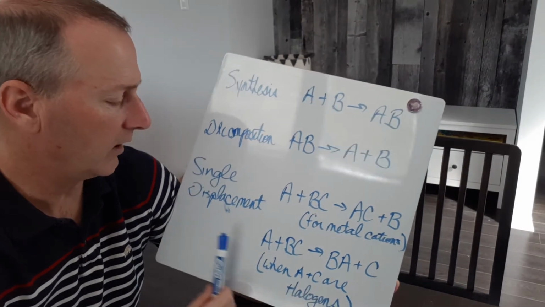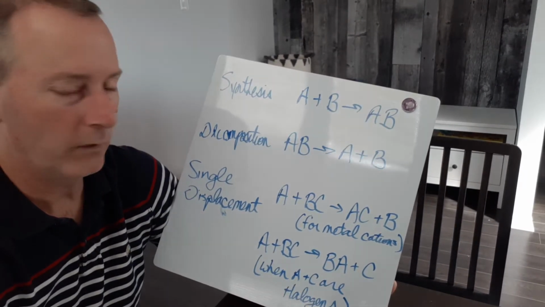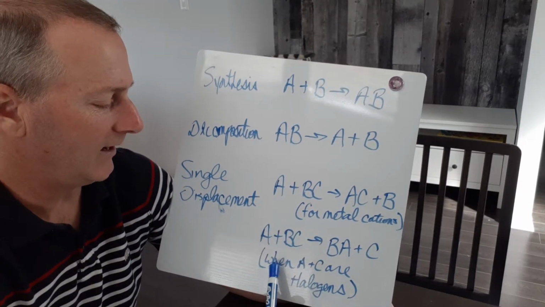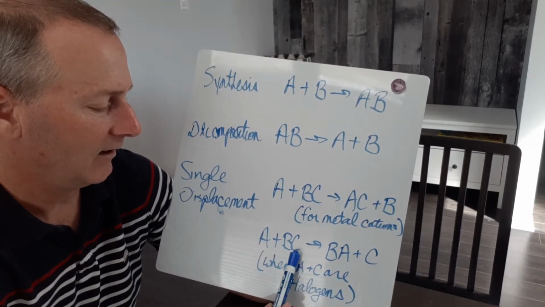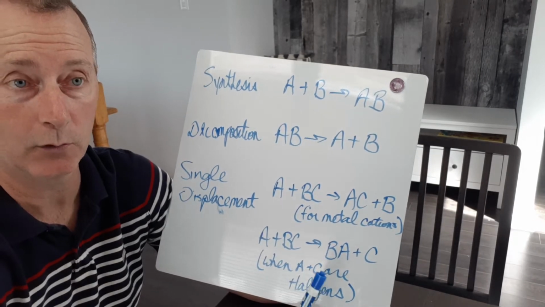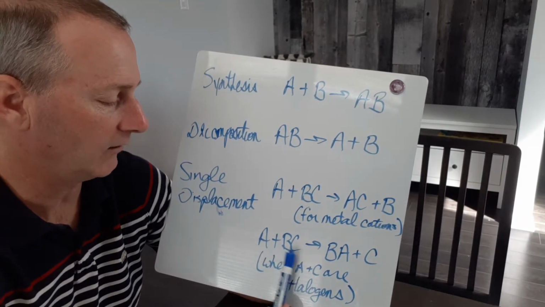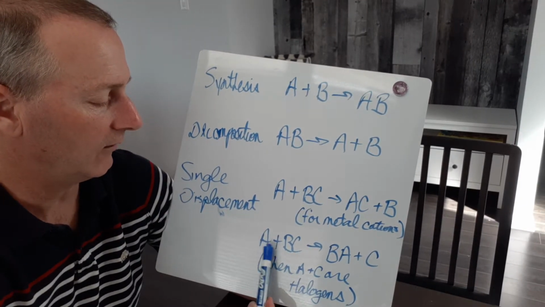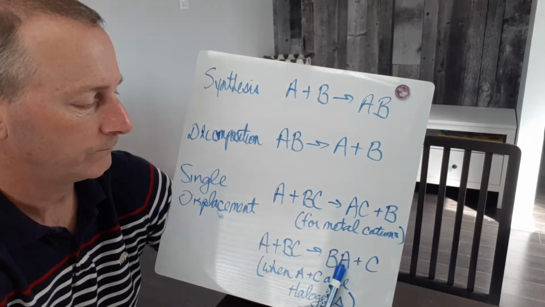The thing I don't know if we talked about is that rarely, there's the occasional time where A and C are both halogens, whether it's fluorine or iodine or chlorine. They have their own little series where one halogen can displace another.